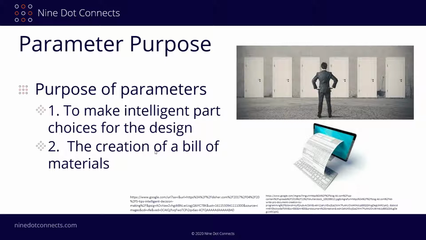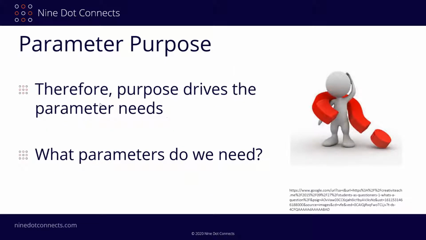In fact, it's only been recent that they even allow you to see those parameters. In the past, they wouldn't even show it to you. The only one you could see, or that gets passed from the schematic side to the PCB side, was the comment. And now they let you see them all at least, but they're not going to let you change them. So therefore, the purpose drives the parametric need, or the parameter need.